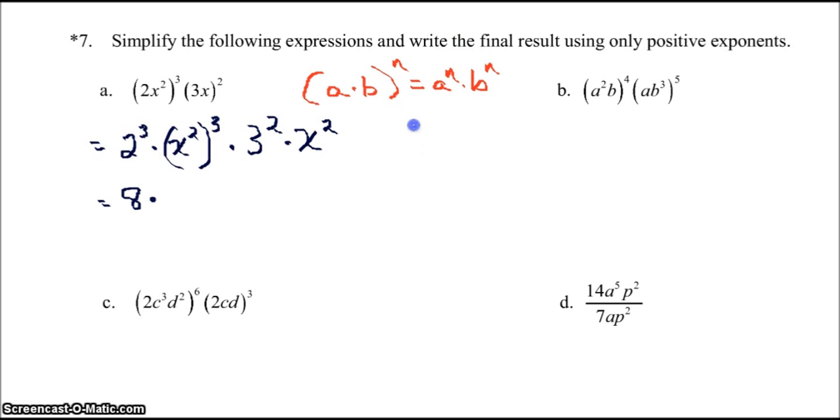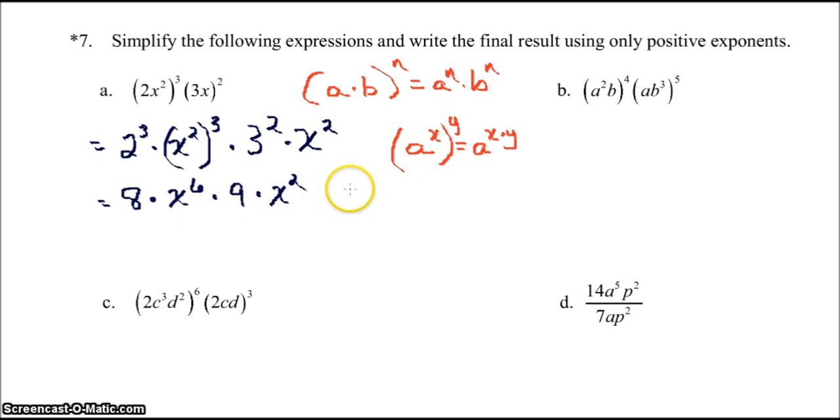This is the rule that a to the x to the y is equal to a raised to x times y. So here, this is 2 times 3, x to the 6th. Times 3 squared is 9, and x squared is just x squared.